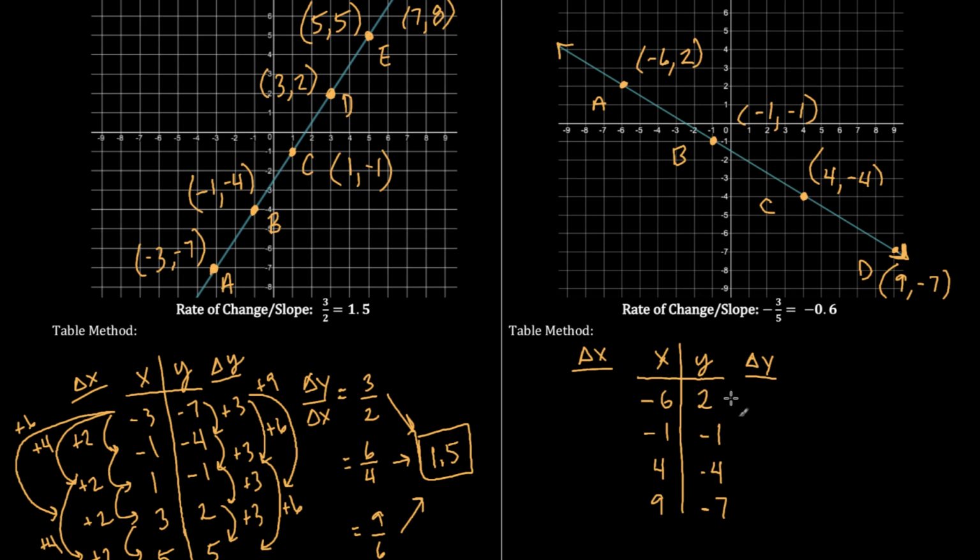So 2 to -1 is -3. We have another -3 and another -3. And maybe I'll look at an easier one on here, +5 here. So let's check that. -6 + 5, yeah. -1 + 5, yep. Okay, so my change in y over change in x, my slope, my constant rate of change, is a negative over a positive, which is -3/5.